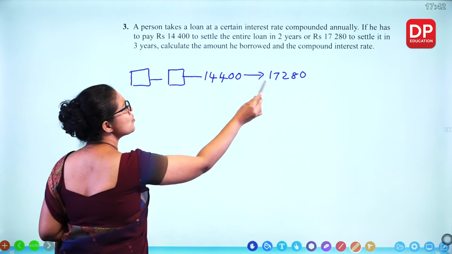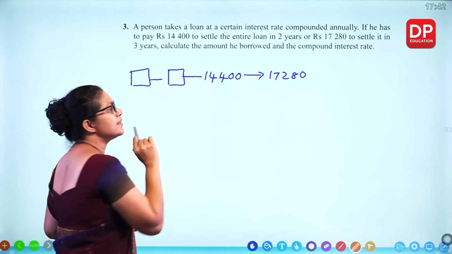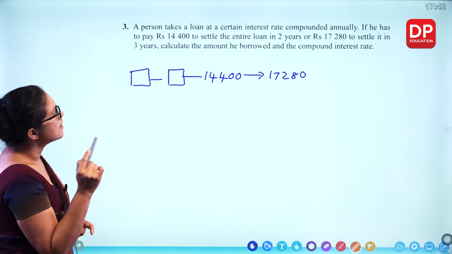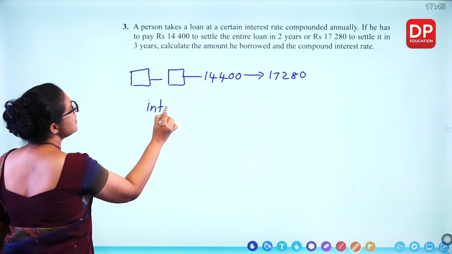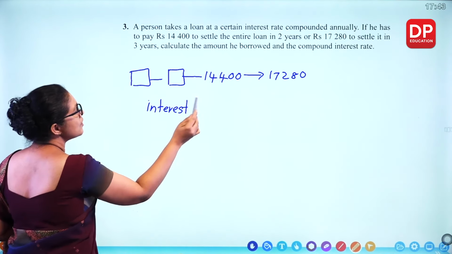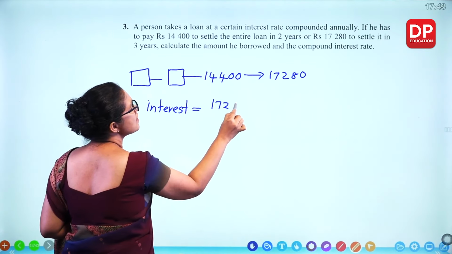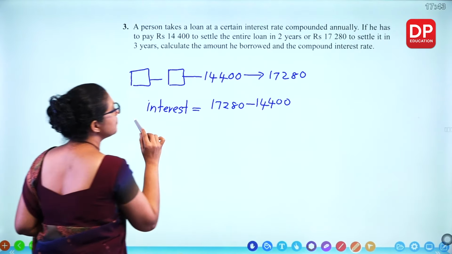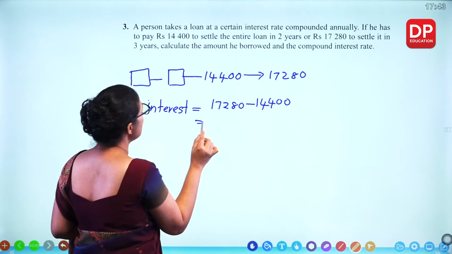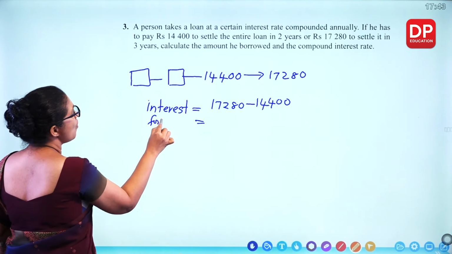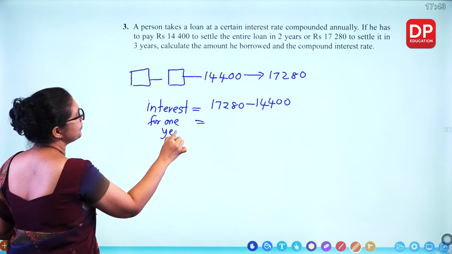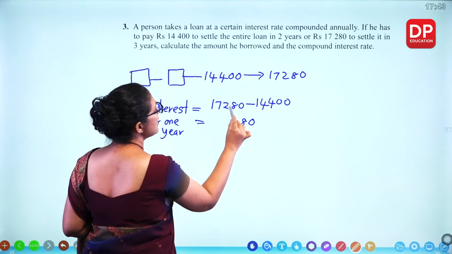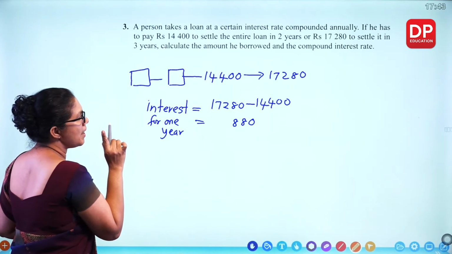Now look at these two. This is after 1 year. So straight away we can find out the interest for 1 year. So the difference between these two, 17,280 minus 14,400, that's the interest for 1 year. 0, you get 8, 8 plus 4, 12, 1 remaining.